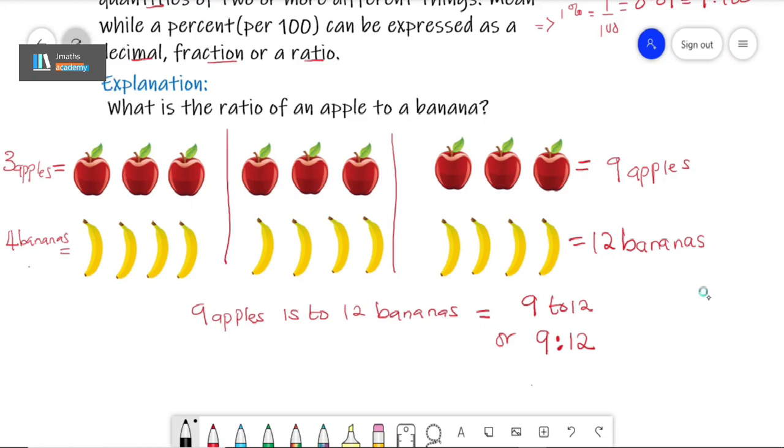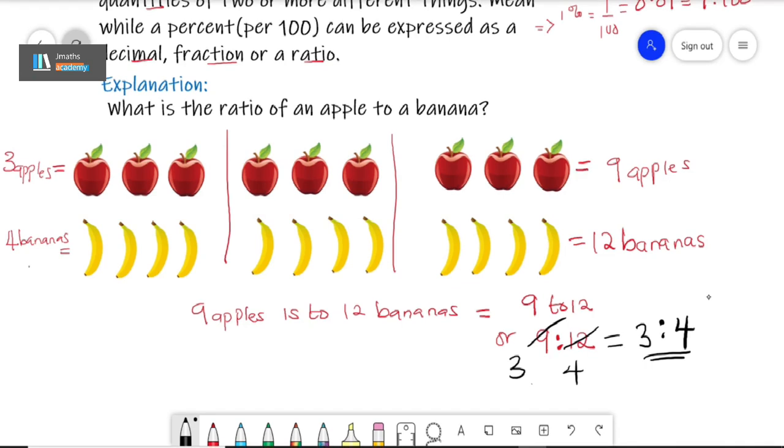This explanation is the same as dividing 9 ratio 12 by 3. If we do that, divide 9 by 3, we get 3. Divide 12 by 3, we get 4. So we have 3 ratio 4, which is the simplified form of 9 ratio 12.